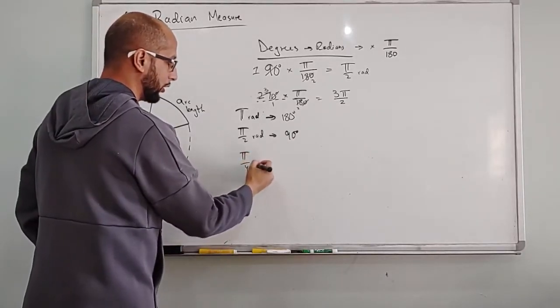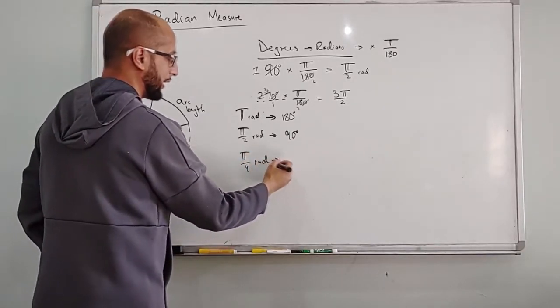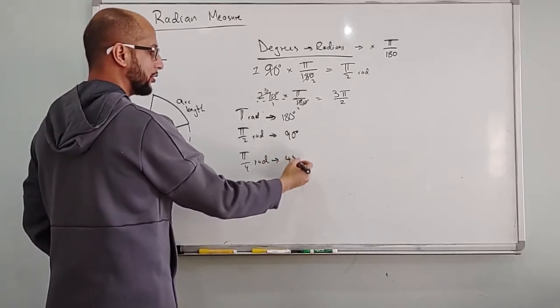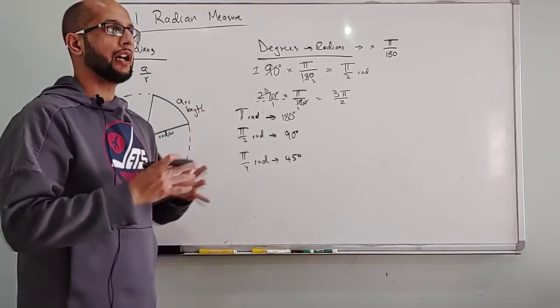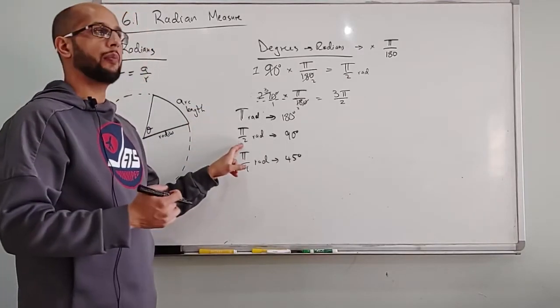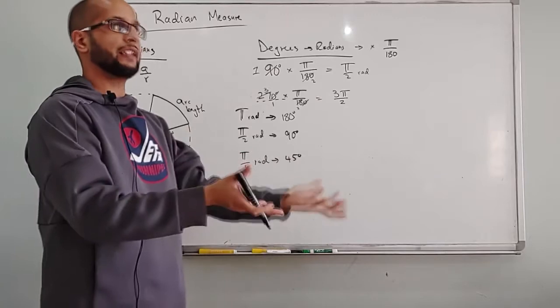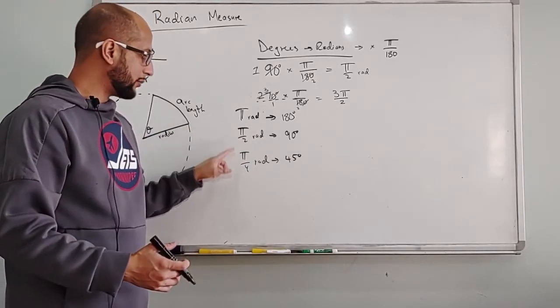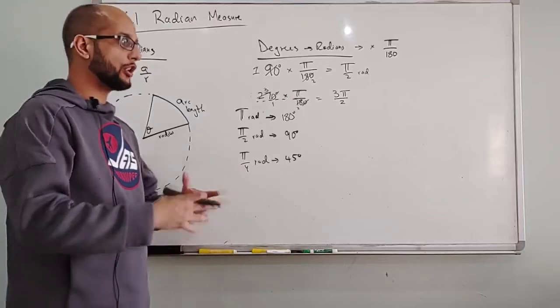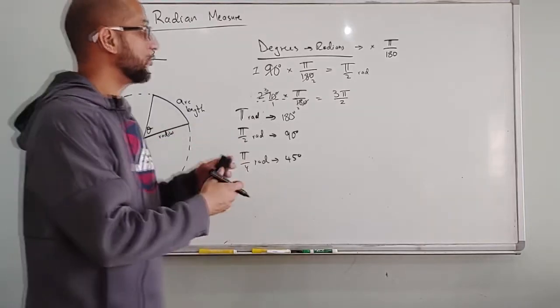Pi over 4 radians would again be half of that, so that's another 45 degrees. So you can always think of pi as being 180 degrees, and then if you divide it by 2, then it's 90, divided by 6, then it's 30, divided by 3, then it's 60.